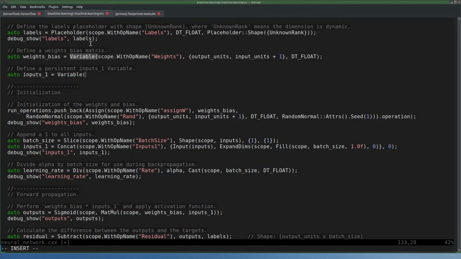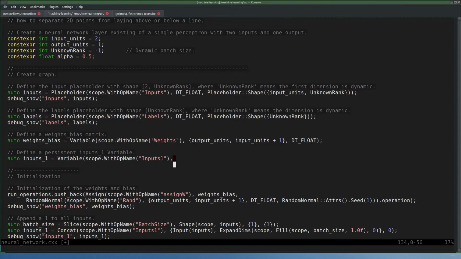Yep. And then the thing has a name. And I guess this is the shape. And then of course float. What is the shape of my inputs one? That's just the same as inputs, I guess, but then plus one.